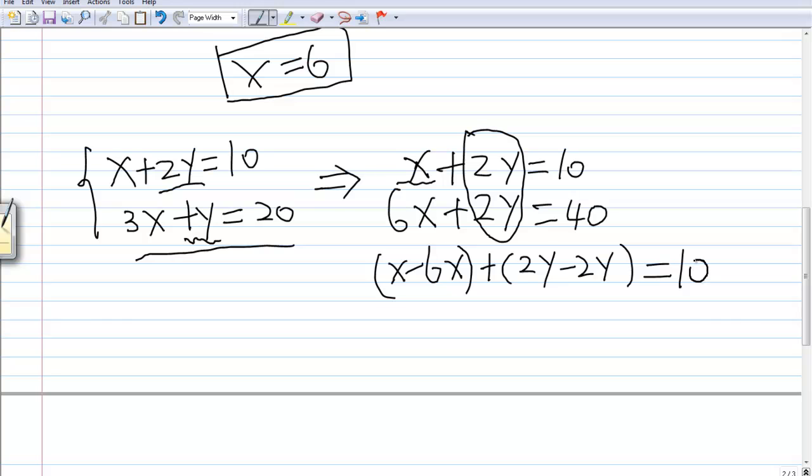On the right hand side, we have 10 minus 40. So on the left side, we get negative 5x. On the right hand side, we have negative 30. Therefore, x equals 6.